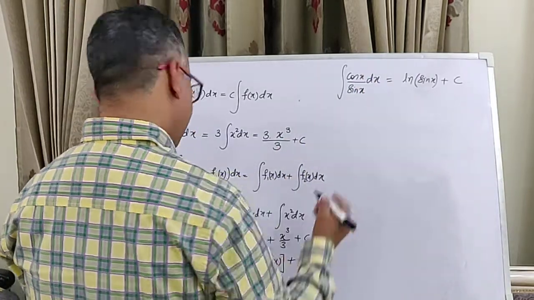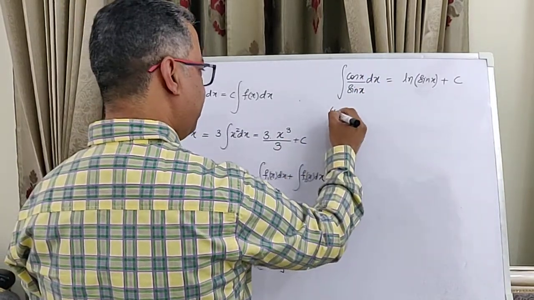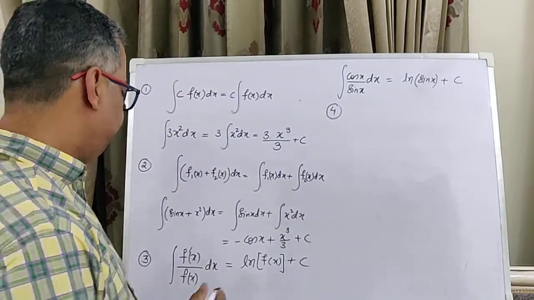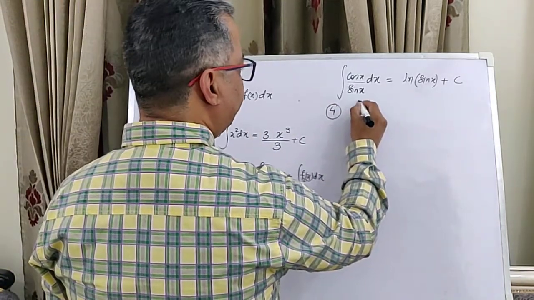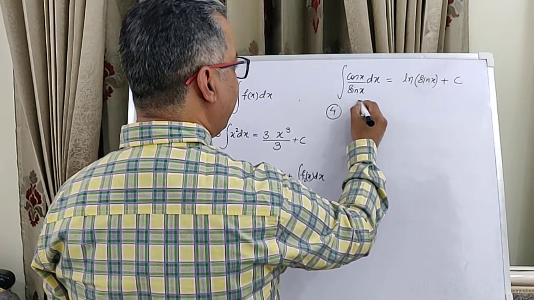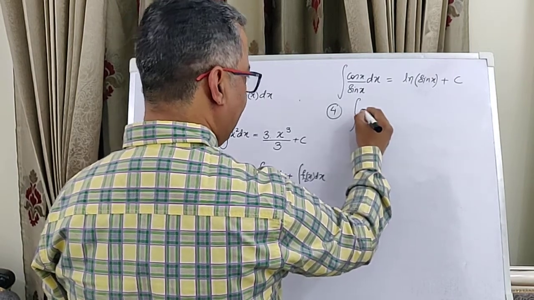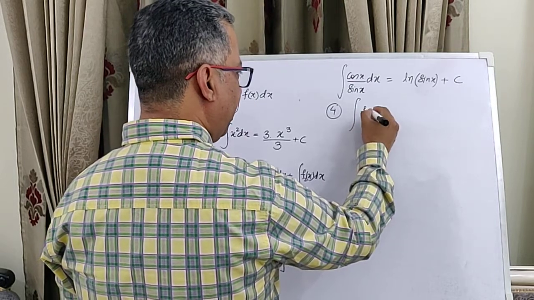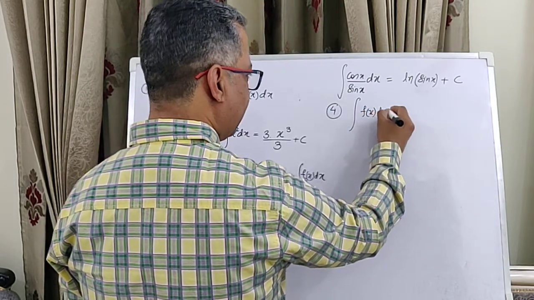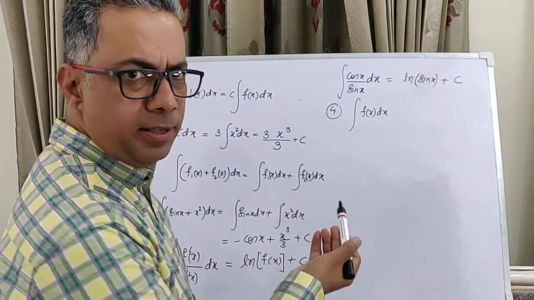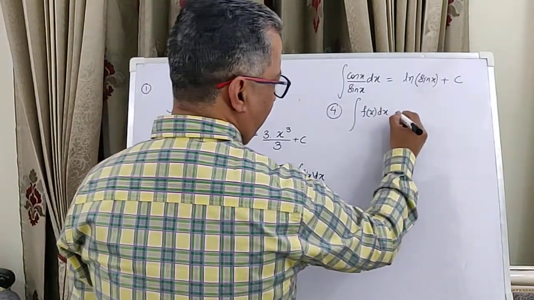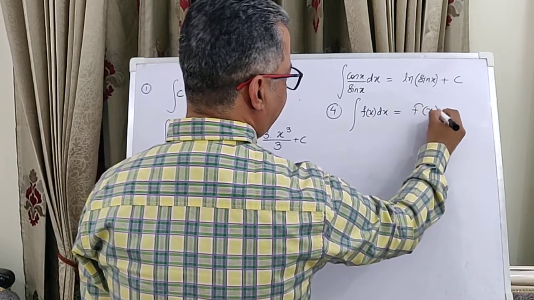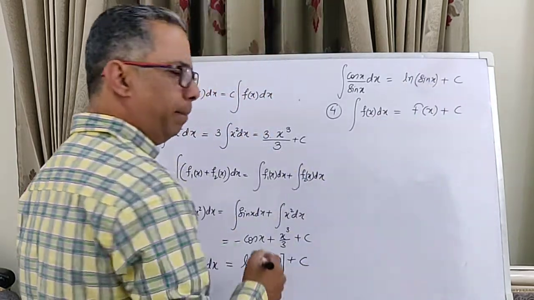So simple technique here. Next sort of model that you need to remember, and that is, if you have a function f(x) dx, and when you integrate this function you get, let's say, a function capital F(x) plus a constant c.